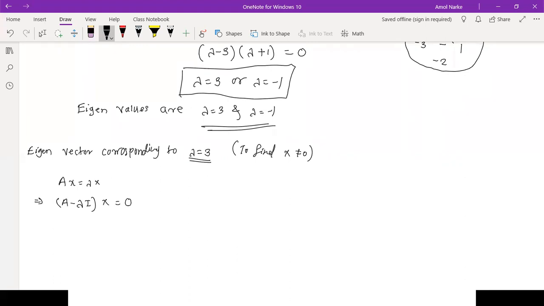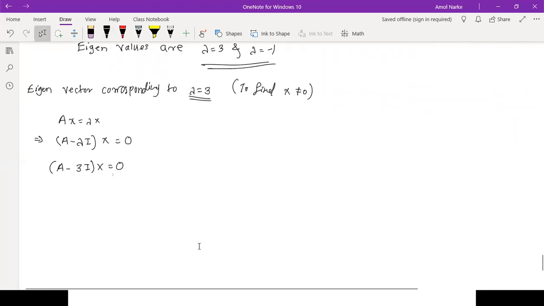Now put the value of lambda here. I suppose lambda is equal to 3. So I substitute lambda equal to 3 and I get (A - 3I) operated on x equal to 0, corresponding to lambda equal to 3.